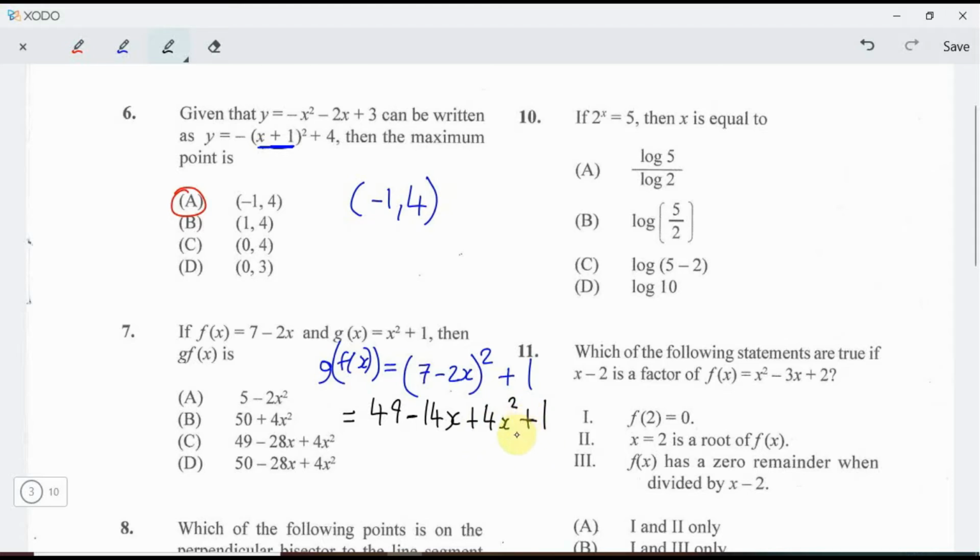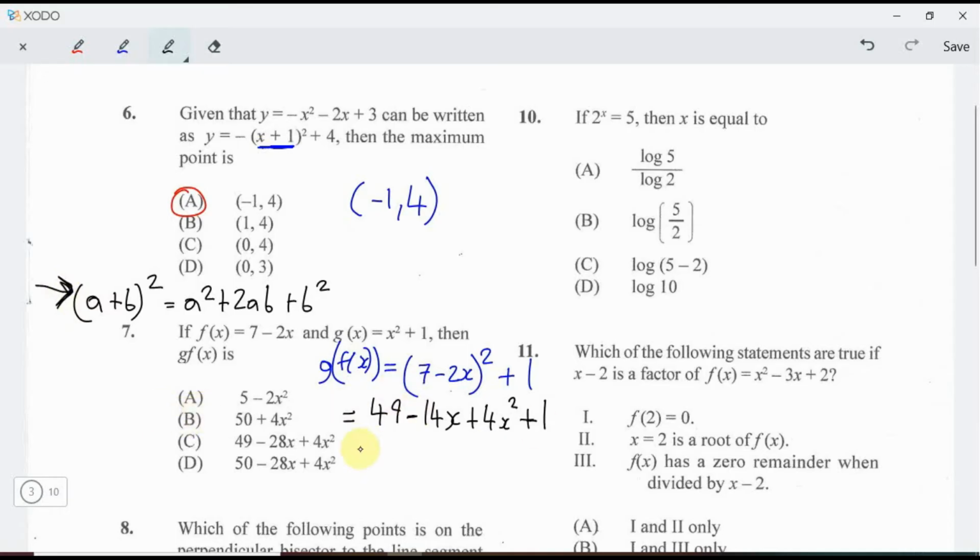Now you're probably saying, hold up, how did I expand that so easily? There's a formula to expand (a plus b) all squared. It is first term squared plus twice the product of the 2 plus second term squared. That's the formula I'm using to expand this, instead of having to write 7 minus 2x times 7 minus 2x. So this is the formula I use, just for clarity.